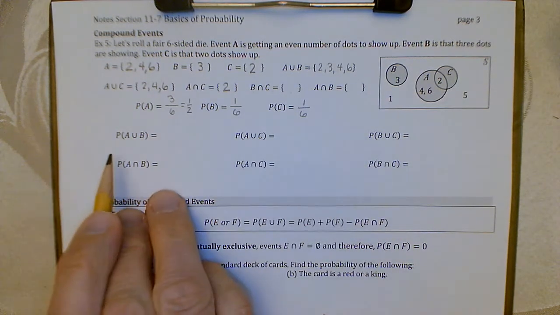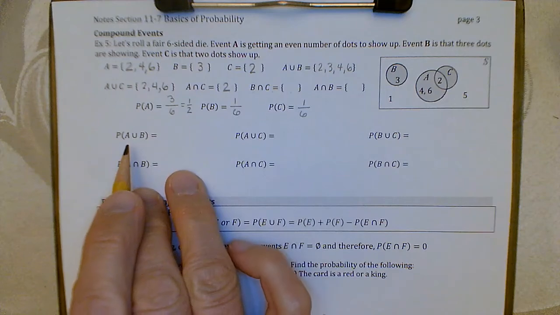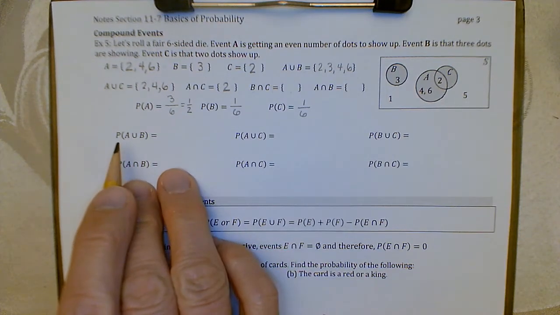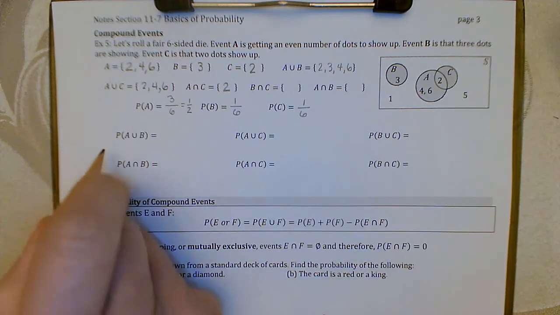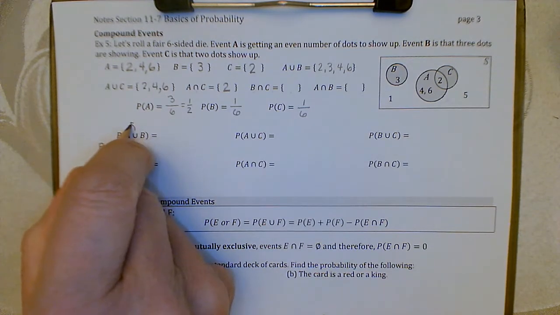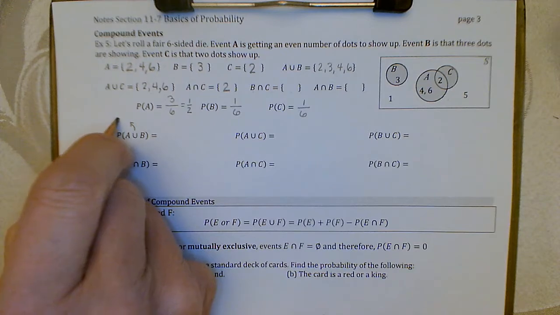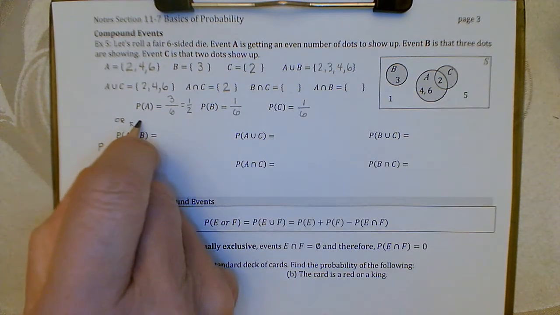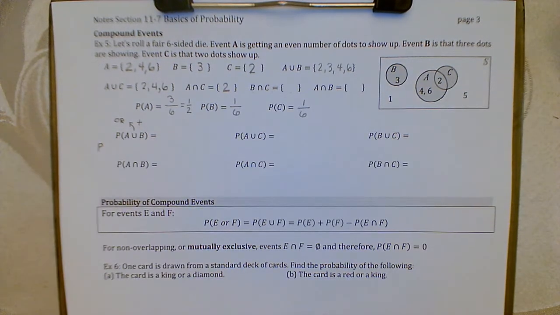All right, so what's the probability that you get A union B, so event A or event B? We could think of this as follows: unions in statistics generally mean or, and ors generally mean a plus sign.